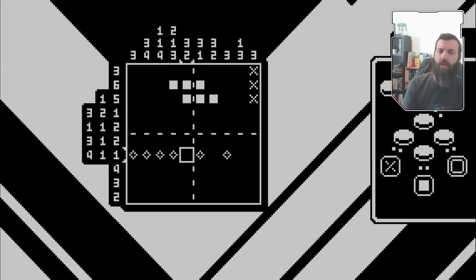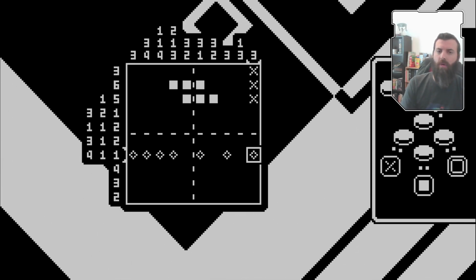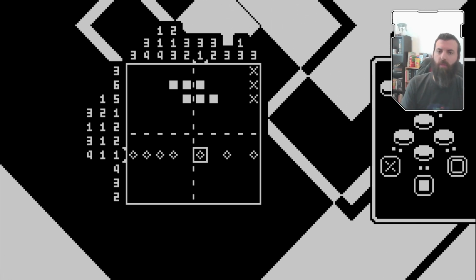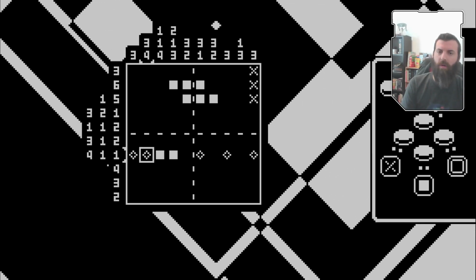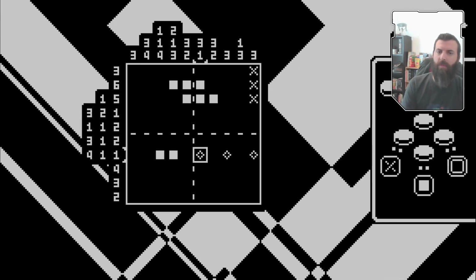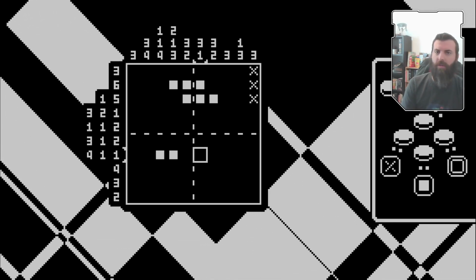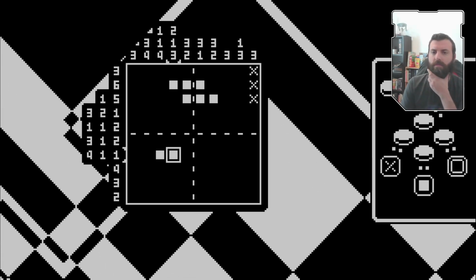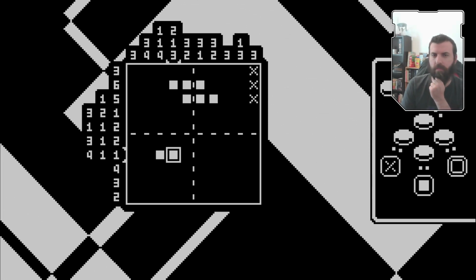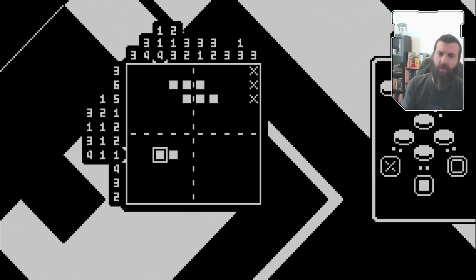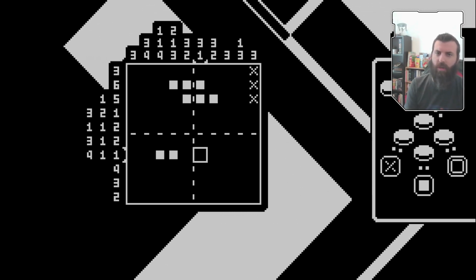So if we did it the other way, 1 space 1 space 1 2 3 4, like that. So those pixels are filled in. Doesn't really help us with our verticals in this case, so we'll keep going.